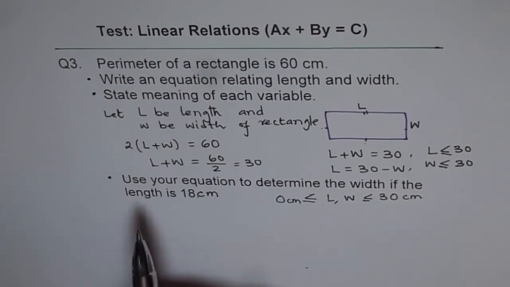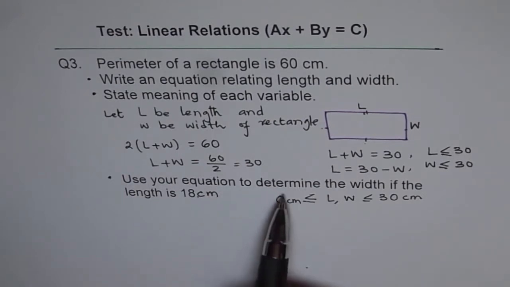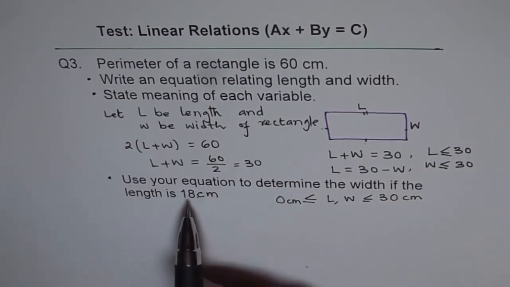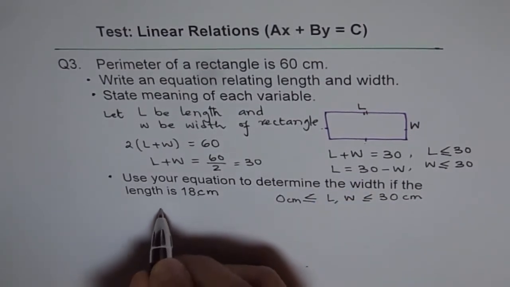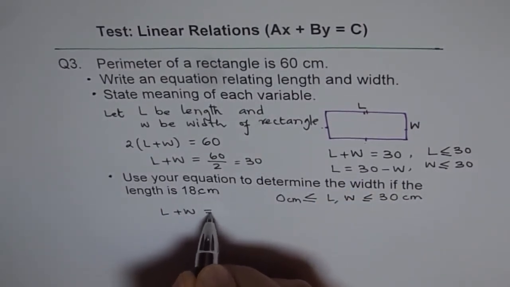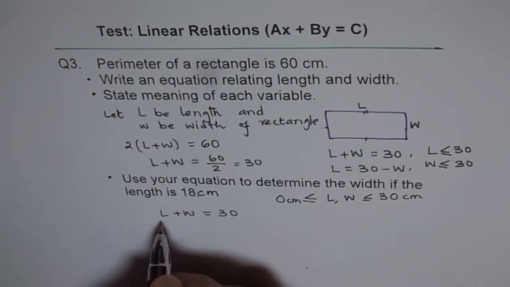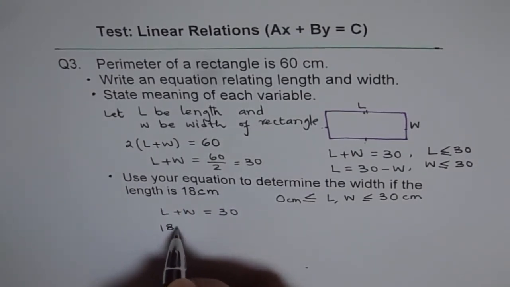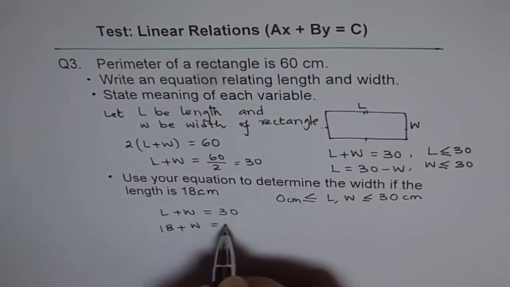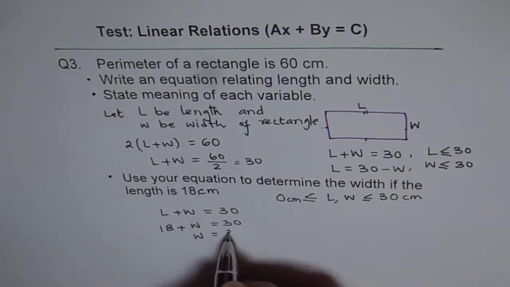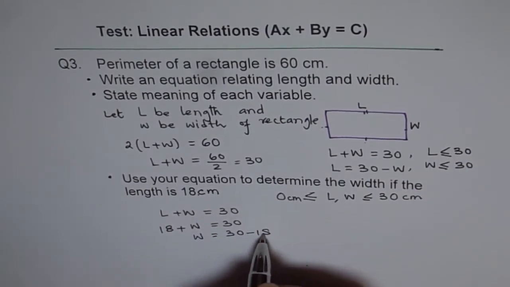Now part B is use your equation to determine the width if the length is 18 centimeter. So we will use our equation, and our equation is length plus width equals 30. Now if length is 18, we'll substitute 18 for L. We get 18 plus width equals 30. And then we can rearrange. Say width equals 30 minus 18, right?